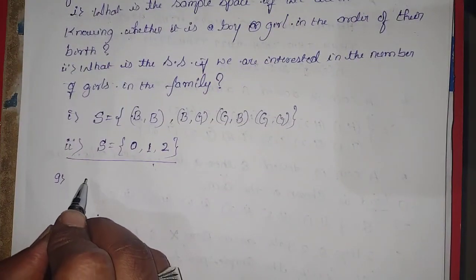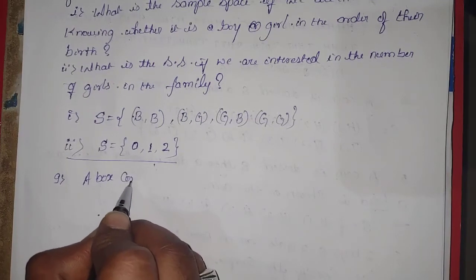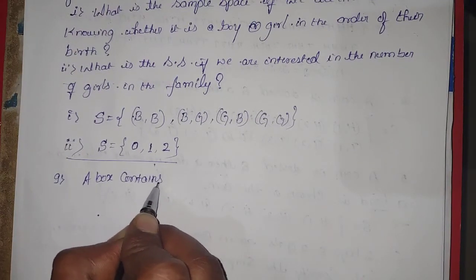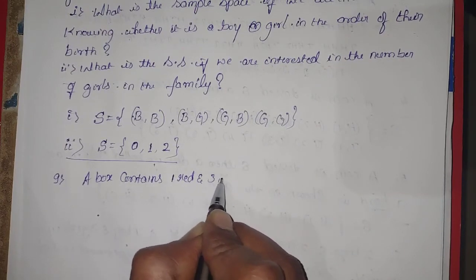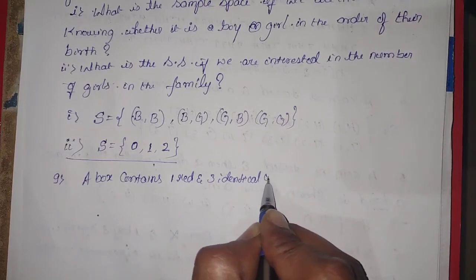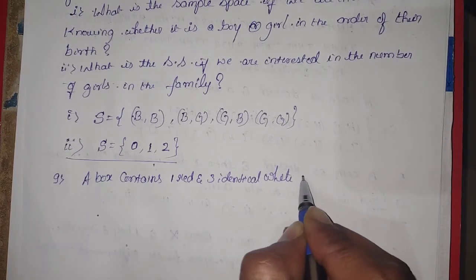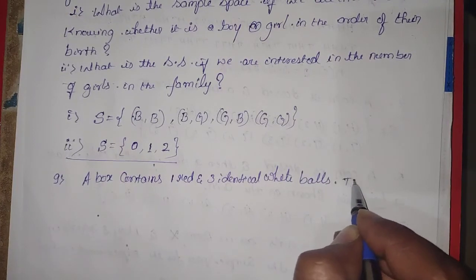Question number 9 is like this. A box contains one red and three identical white balls. Three identical white balls. Full stop.